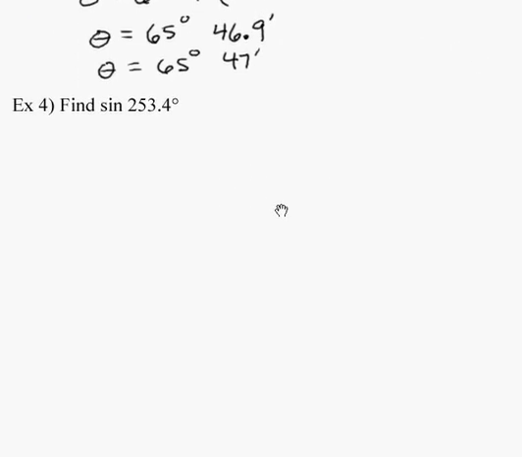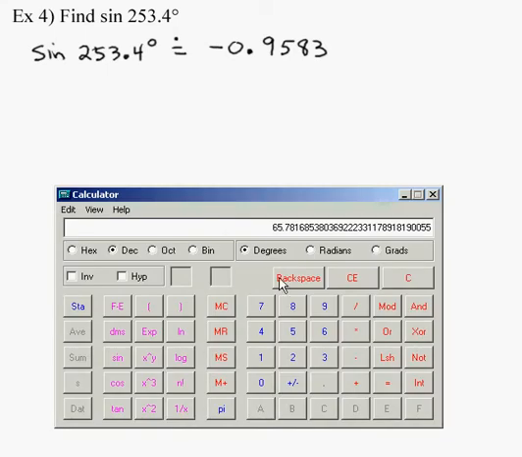Well, what if our angle's larger than 90? Well, that is actually not a problem. We'll just do that right now because your calculator knows what angle is in what quadrants, and it knows the All Students Take Calculus rule, so it knows what will be positive and what will be negative in what quadrant. So let's type in our 253.4 decimal degrees.